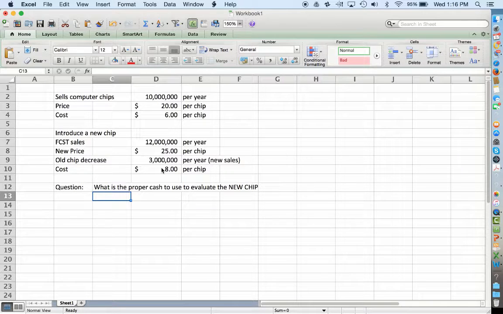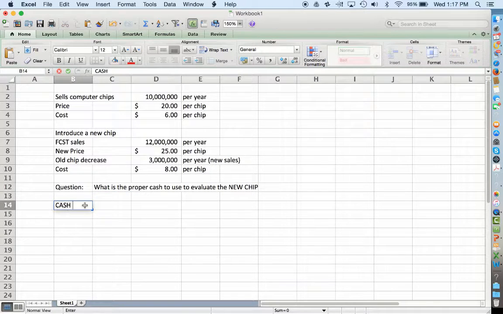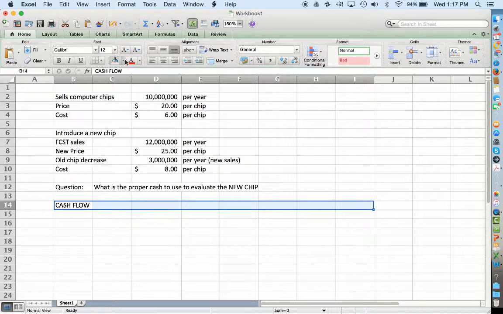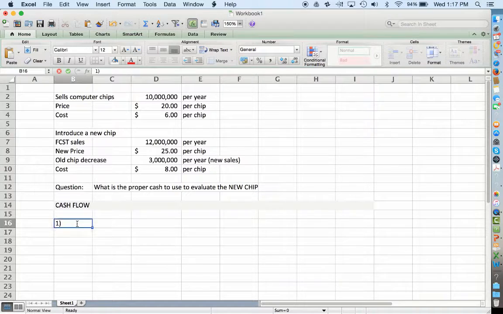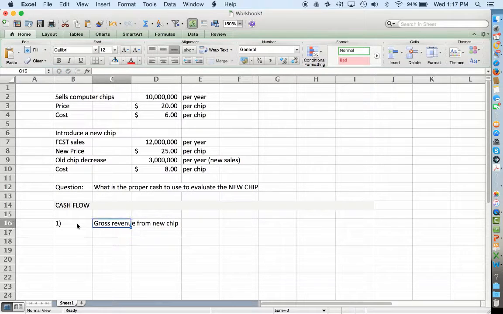So if I'm focusing on the cash flow, that's my dominant concern. What I want to know first is the gross revenue from the new chip. So how do I figure out the gross revenue from the new chip? Yep.